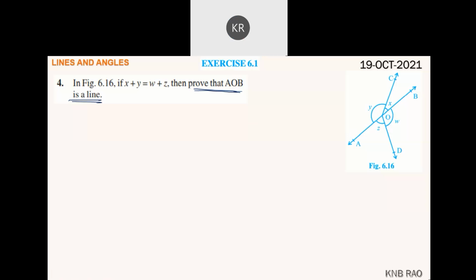Now, how will you prove that angle AOB is 180 degrees? The given is x plus y equals w plus z. So the sum of all four, x plus y plus w plus z, is equal to 360 degrees. How has it come? They didn't give that, they gave only x plus y equals w plus z.